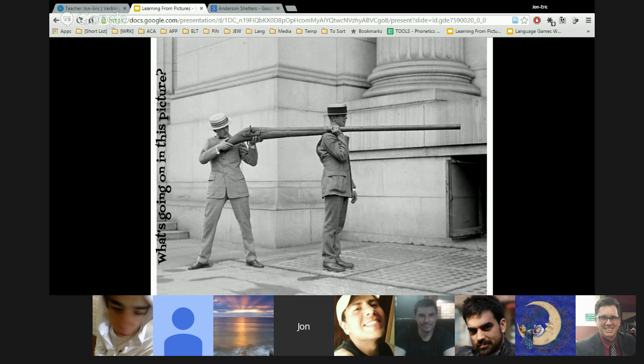Used for shooting? Shooting what? It's a big gun. So what do you think it's used for? Used for shooting what kind of thing, Dennis? What do you think?